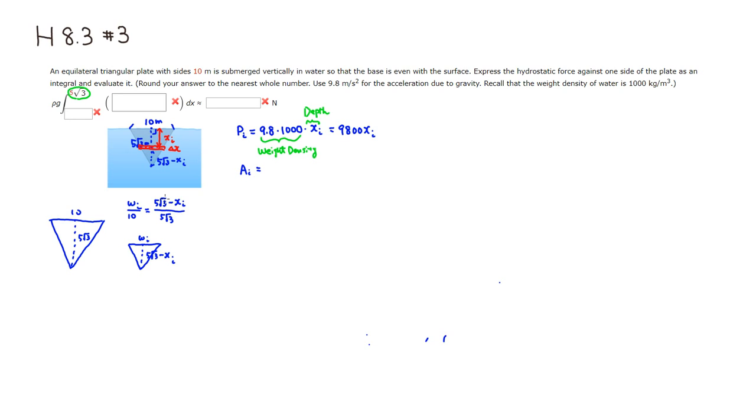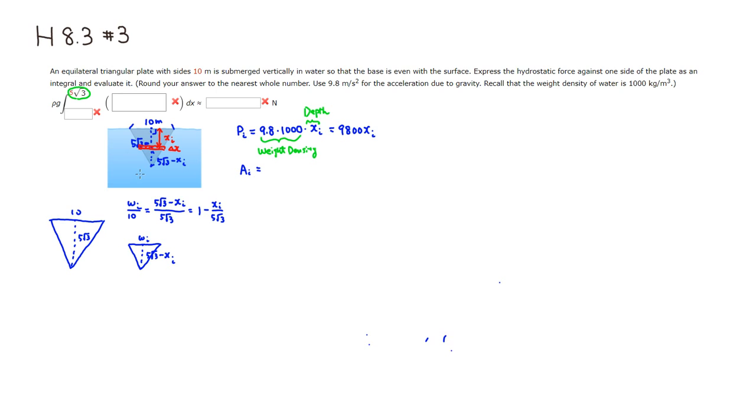Then we can clean up a little bit here. 5 square root of 3 divided by 5 square root of 3 is 1, minus xi over 5 square root of 3.